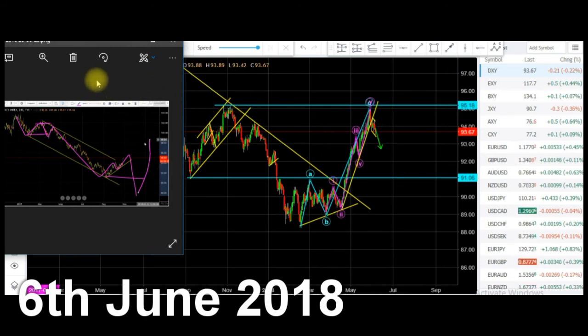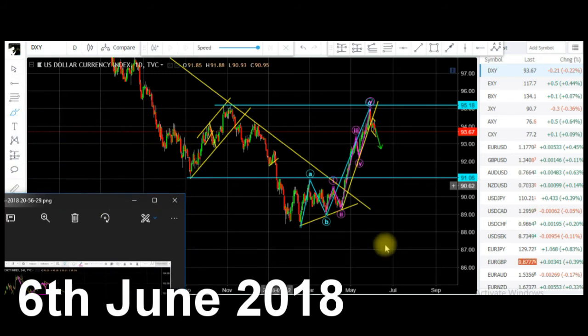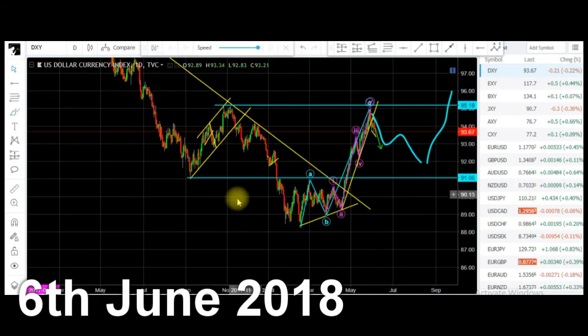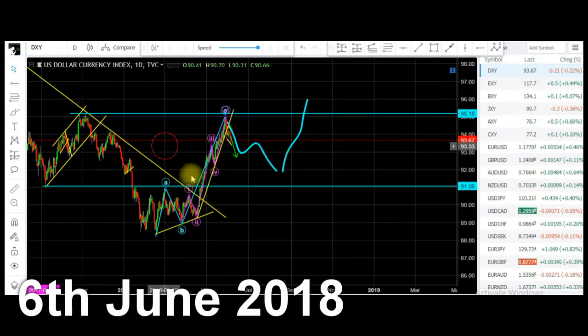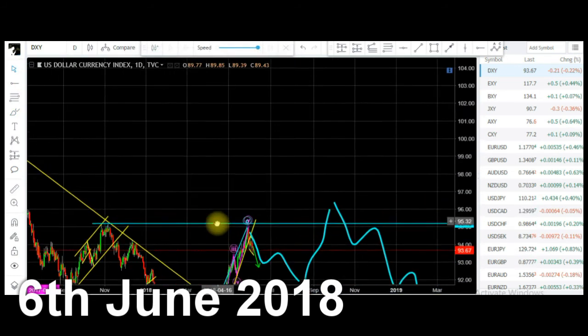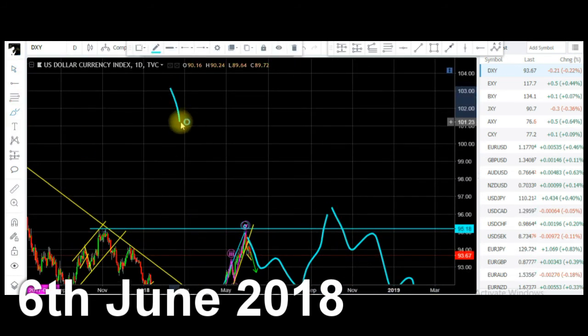What we're expecting now, let's just move this out of the way, is for this to pull back perhaps down to there before going long again, and that's going to be our 3, which will connect that with the next wave down, giving us a complete A wave. 1, 2, 3, 1, 2, 3, 4, 5.